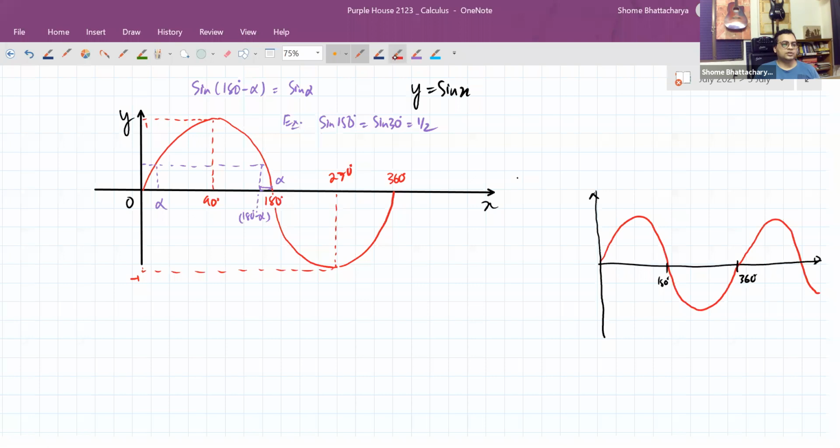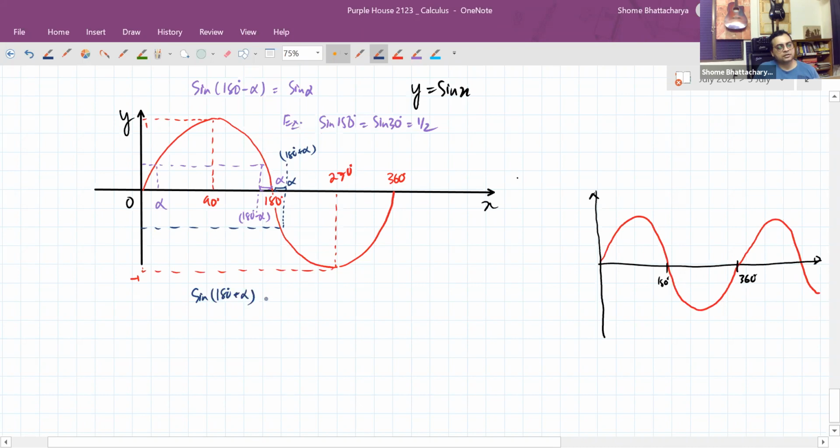Now the other formula you can see is the third quadrant formula. If this angle is again alpha, then this value here will become 180 plus alpha. But you can see the value of sine is becoming negative. So you have a formula that sine of 180 plus alpha is minus sine alpha.